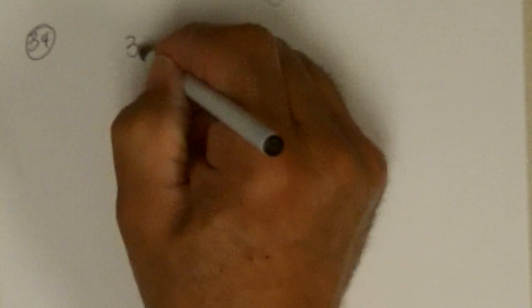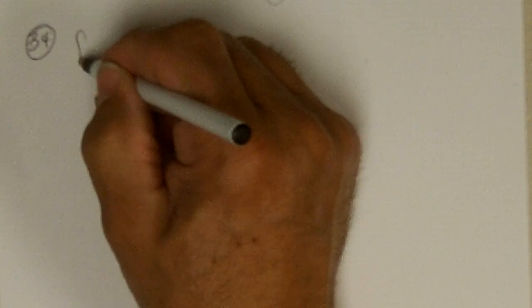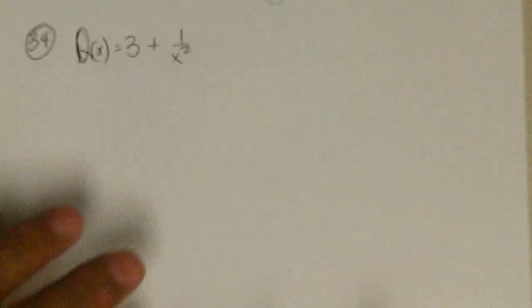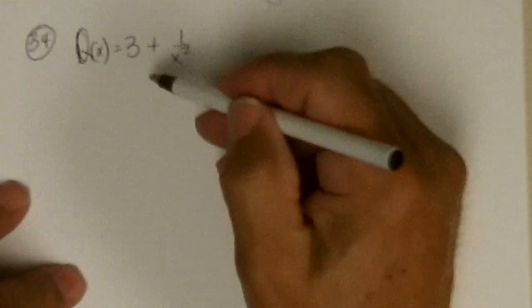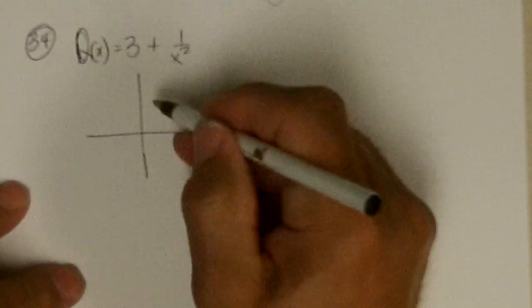34 has the equation 3 plus 1 over x squared. This is q of x. So this is 1 over x squared. That's a new parent function that you may not be real familiar with.